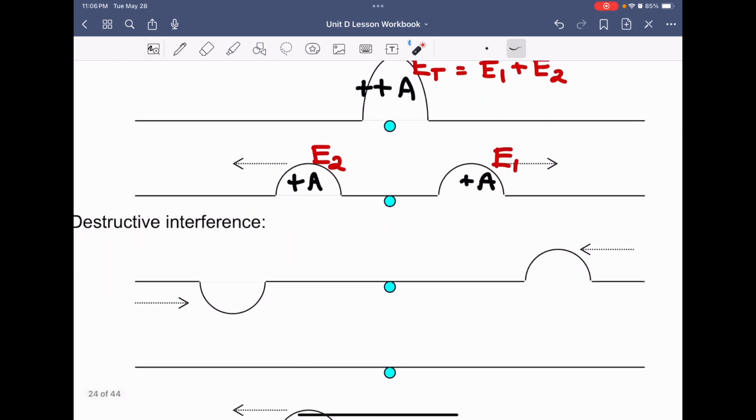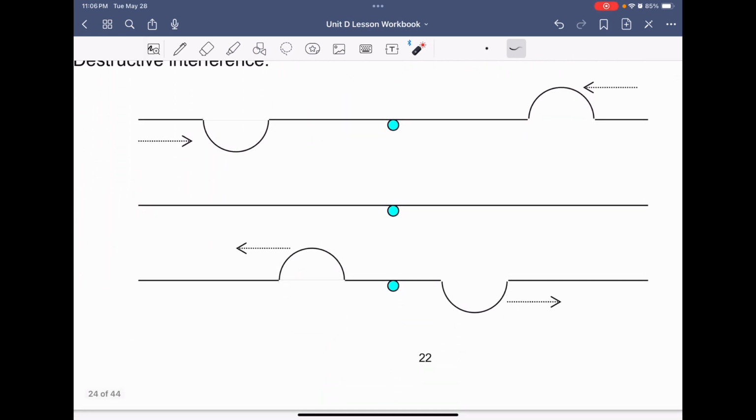Now, destructive interference says, what if I have some sort of negative amplitude, which I'll make sure to write in here more specifically. So negative amplitude, I have positive amplitude on the right. If these two things meet, supposing that they're the exact same, meaning positive amplitude, negative amplitude, then I'm going to get some sort of line that perfectly matches where the amplitude is equal to 0.